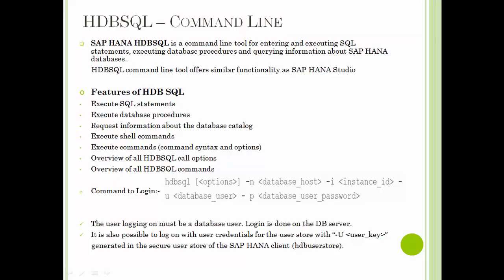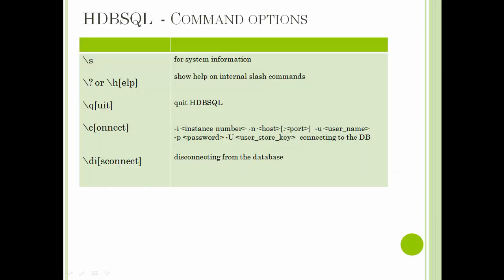Now that we have learned how to connect to the hdbsql command line tool for doing the administration activities, let us understand what command line options are available, some of the standard options.